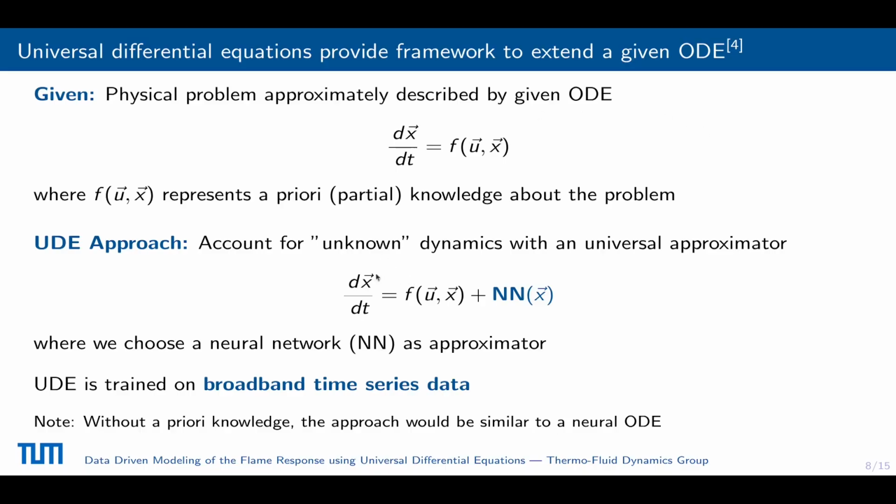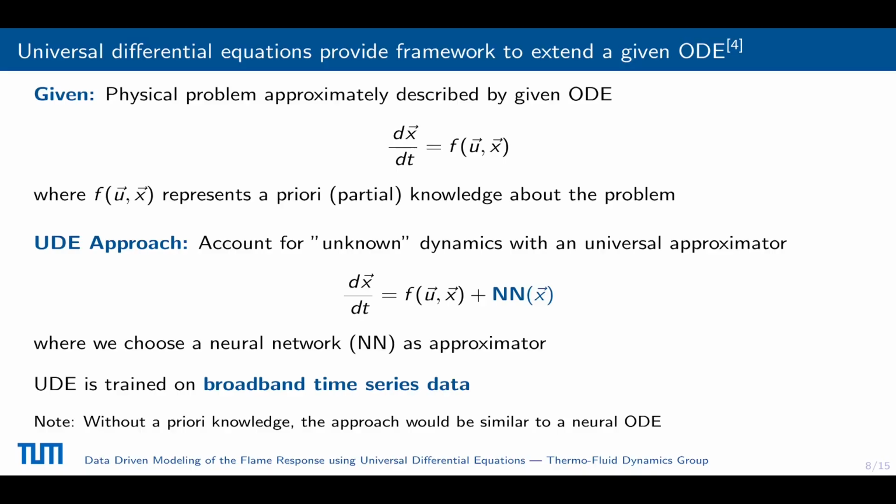So second equation on this slide, we now say we know some parts of the physics, so we know the dx/dt is at least f of u and x. So in this case, this would be flame dynamics is at least to some extent described by our oscillator system, but we are missing something, and that something will be approximated now by our neural network.